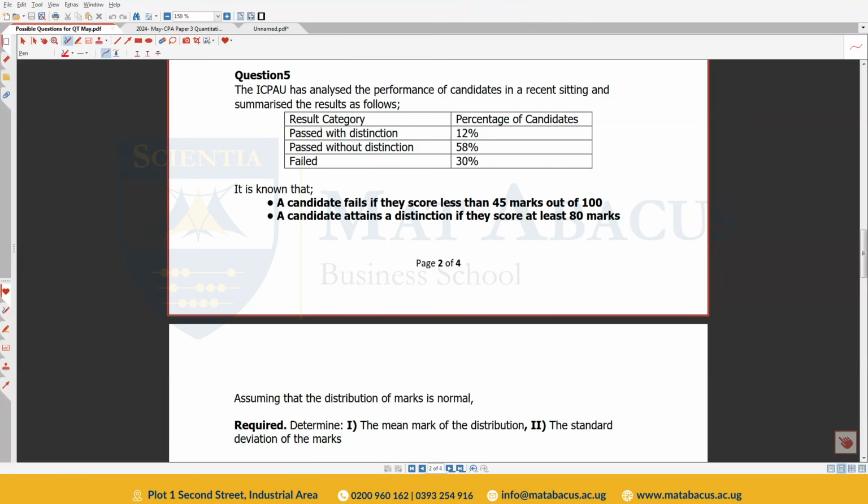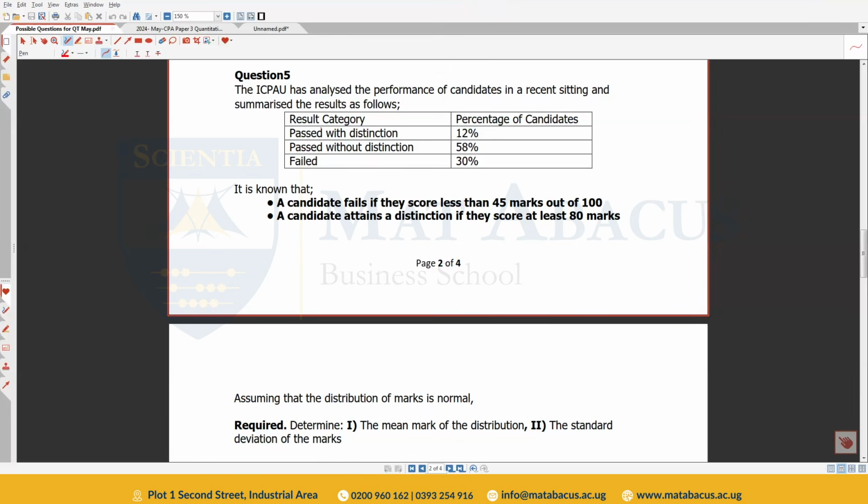What interpretation is the examiner looking for? Can you put this on a normal distribution table and illustrate? Maybe a simple tip I can give you: the moment the examiner gives you marks less than, marks greater than, just know that at the end of the day, they're asking for the mean and standard deviation in marks. And when they ask for the mean and standard deviation, do not even think, simply know that they are looking for two simultaneous equations which can be solved.